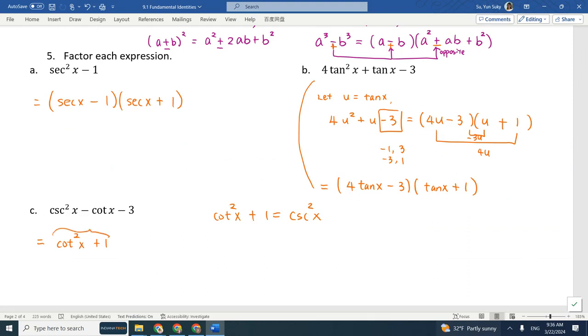So cosecant squared is cotangent squared plus 1. We still have minus cotangent x and then minus 1. Can we combine the like terms? We order from the highest power to the lowest power. What is 1 minus 3? Negative 2. Now you factor it.